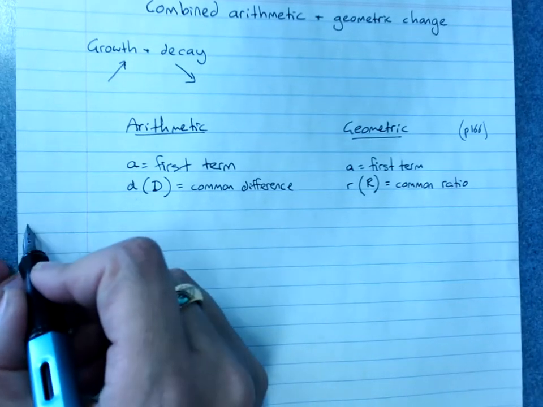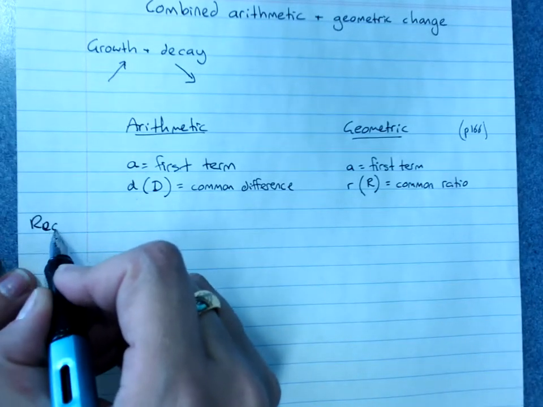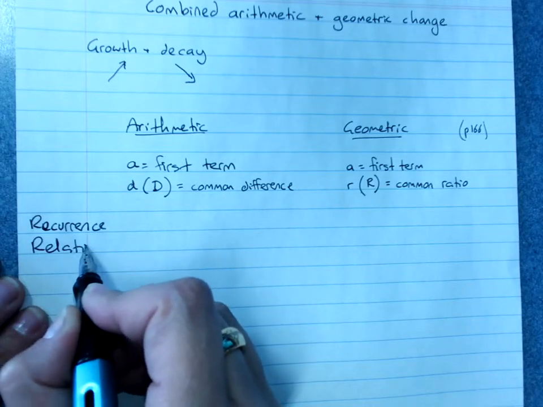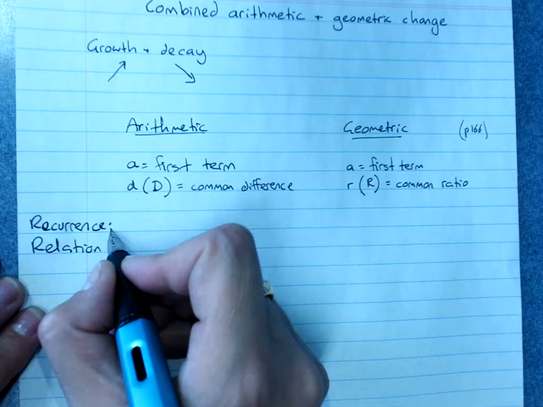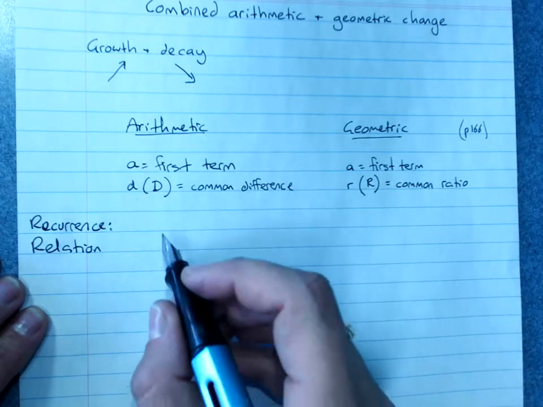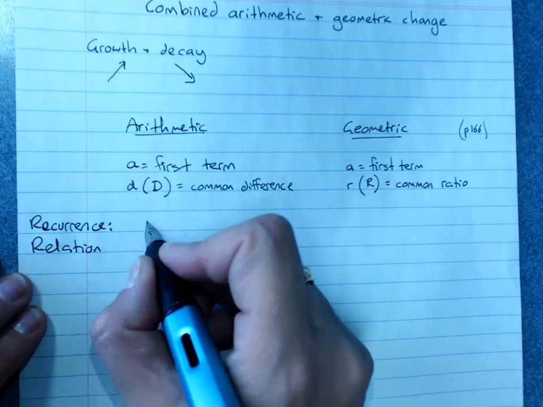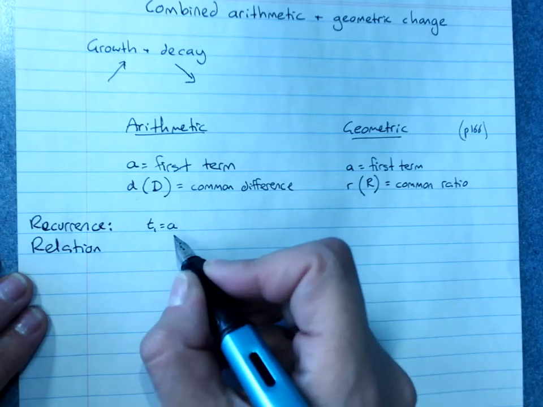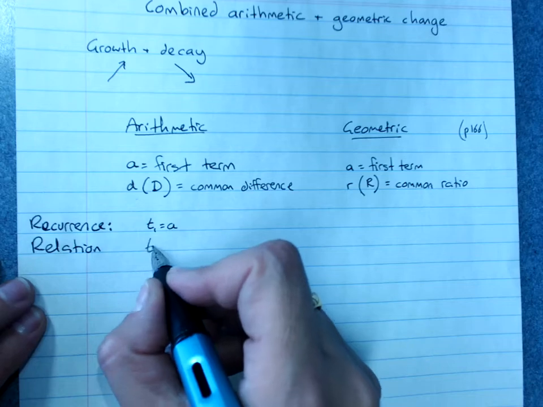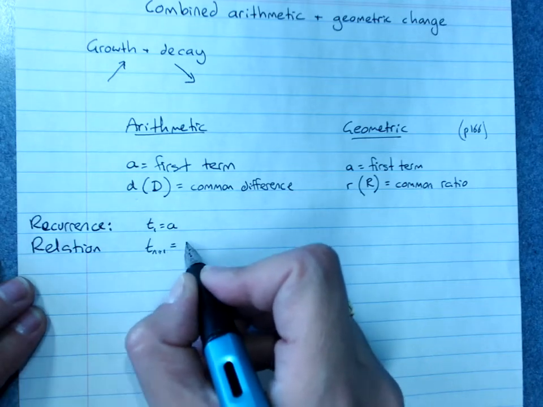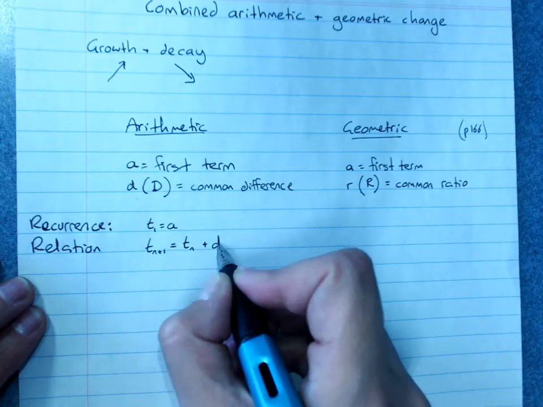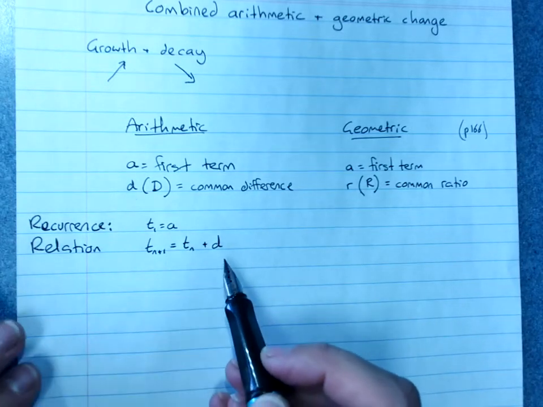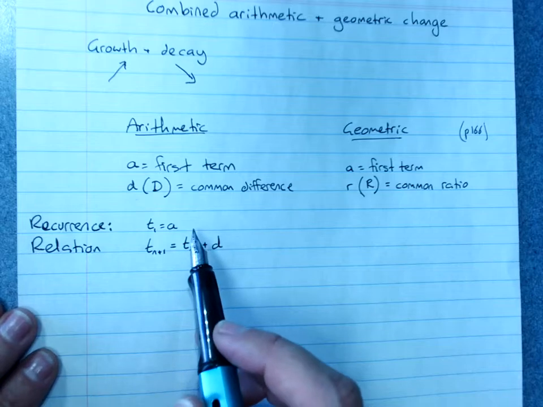Their recurrence for arithmetic, we say that T1 is A, so our first term is our first term, funnily enough. Tn plus 1 is Tn plus D, that is, each term is the term before it plus the common difference. This is a recurrence relationship.